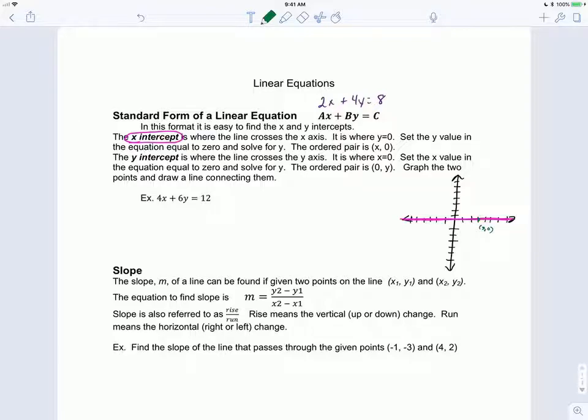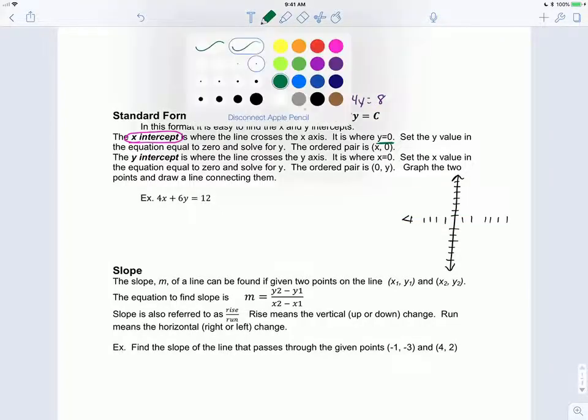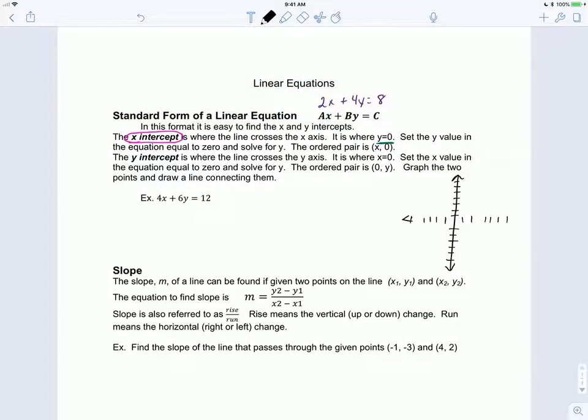If I list one over here, that is negative 5, 0. So anything along this x-axis, y is 0. We can look at any of our equations and set y equal to 0, and then determine what those x and y intercepts are.